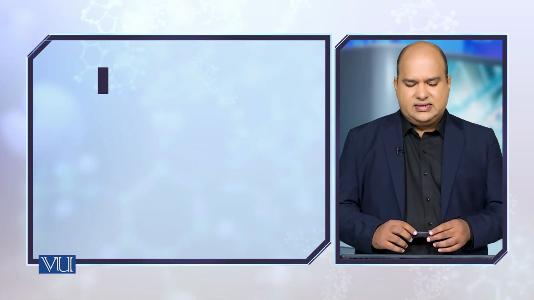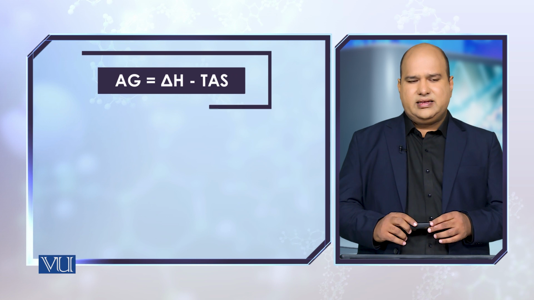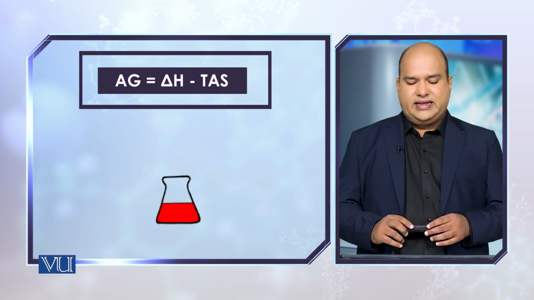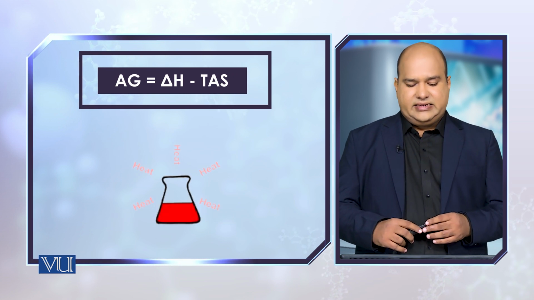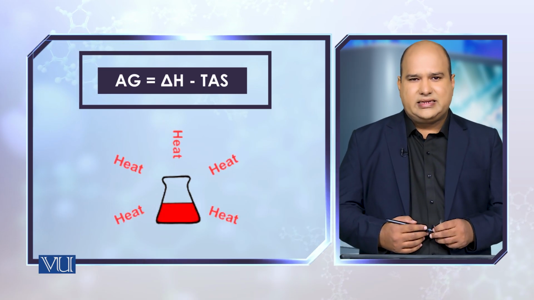Now, let us go a little bit deeper into this relationship to really understand the very concept of entropy. If you look at this equation, have you ever thought about why there is a minus sign here, that is, delta G minus T delta S? What does this minus sign mean?